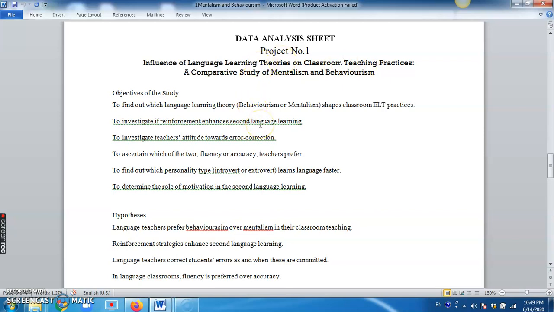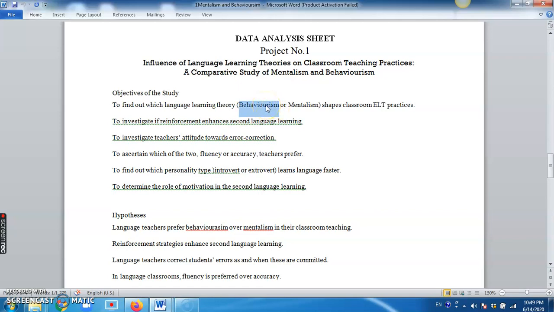You must have developed a questionnaire, and it must have been distributed and data collected. Your first objective was to find out which language learning theory shapes classroom ELT practices. On your questionnaire, there would have been a few items which indicate under which theory the teacher teaches.